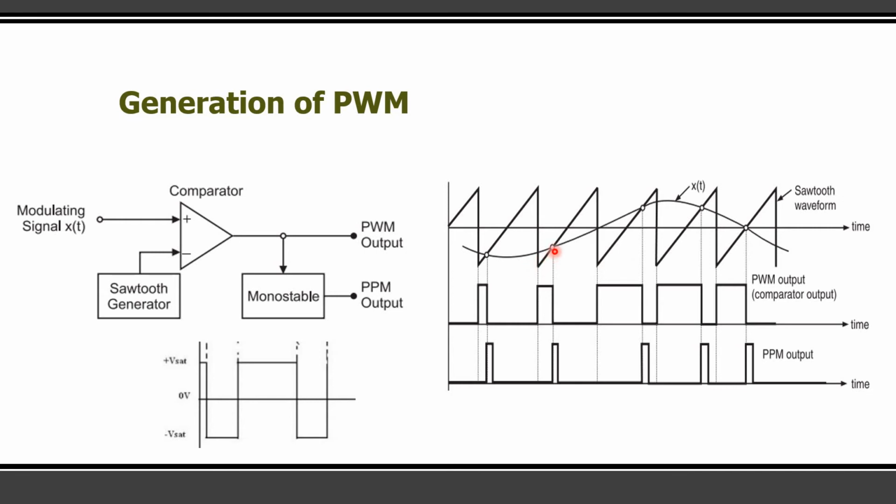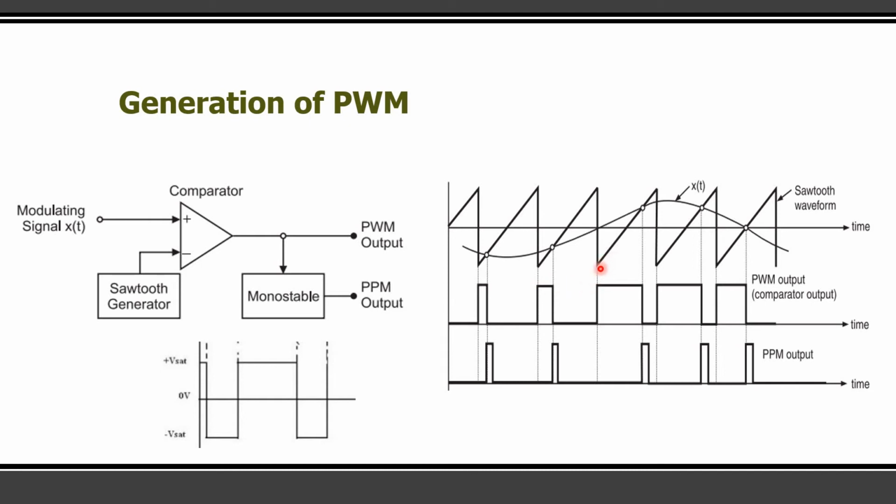During this period the message signal is higher, so it will generate a positive saturation. After this point, the sawtooth signal amplitude at the inverting terminal is higher compared with the message signal, so we are getting the negative saturation.